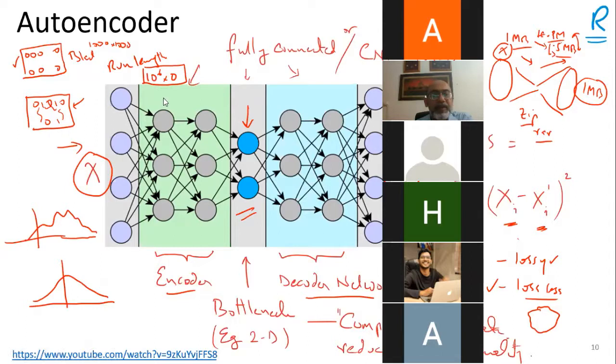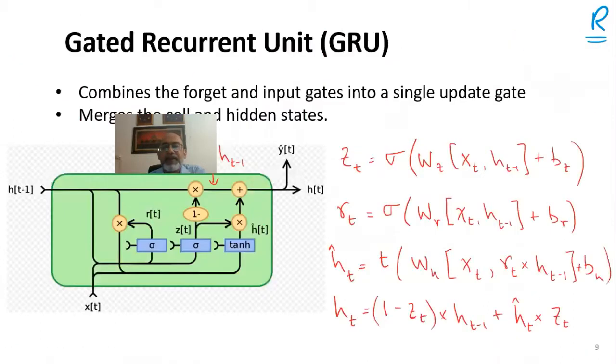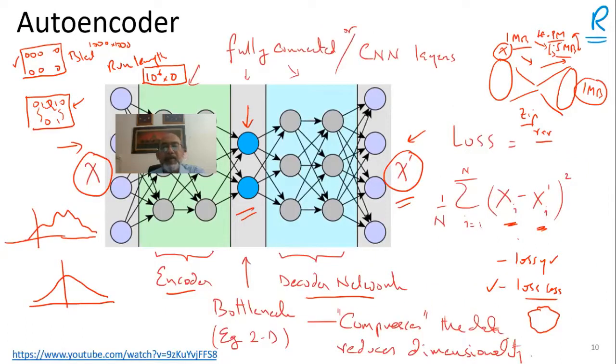Now, when we're doing compressions, a lot of times we're also doing lossy compressions. In fact, if you remember the applications of autoencoders, it was looking at images with noise and trying to denoise them. The idea here is that we're trying to learn features which are really critical, which can really be used to describe the original image.